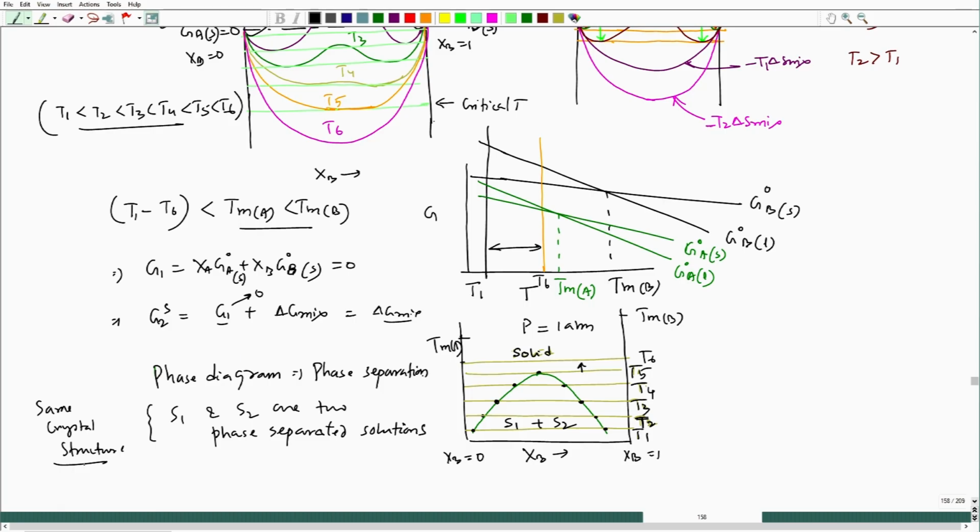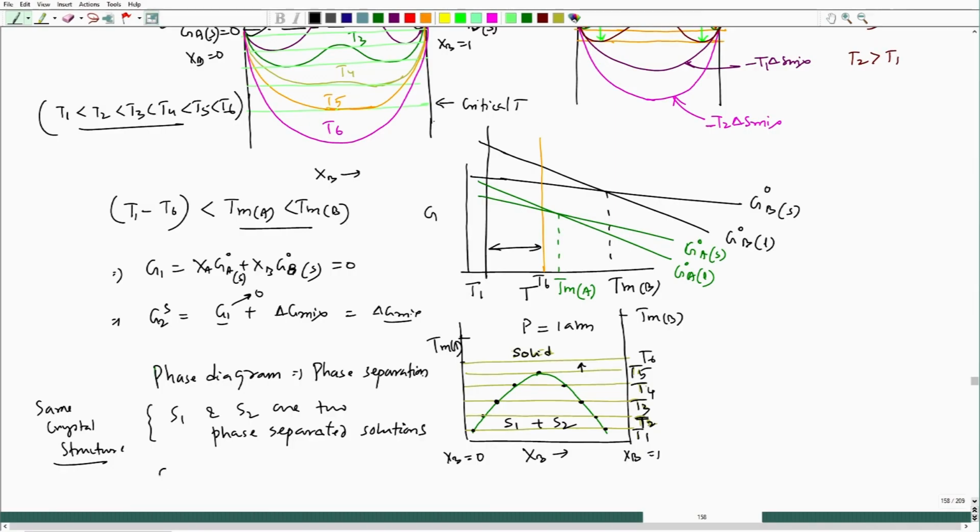But this phase separation actually indicates that similar types of atoms, like AA and BB, would like to have their existence around their neighbors. Fine. So, this is nothing but the phase separation.